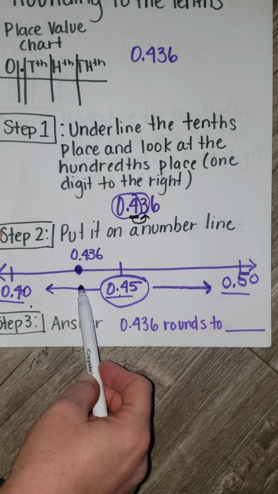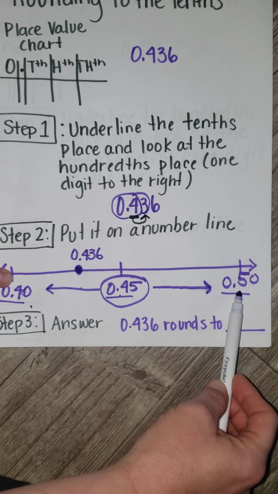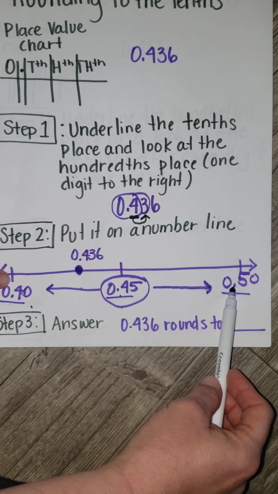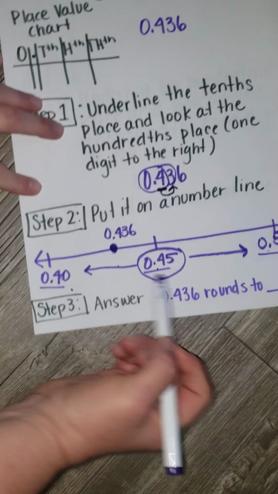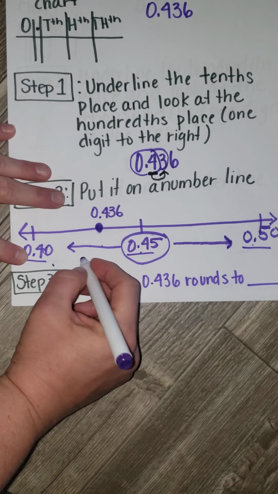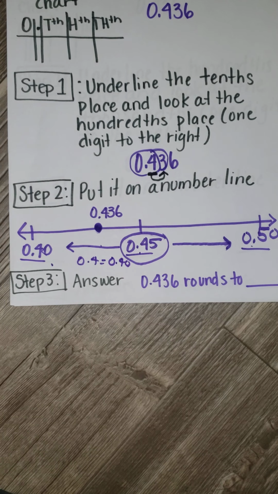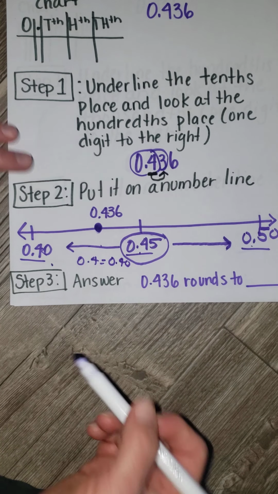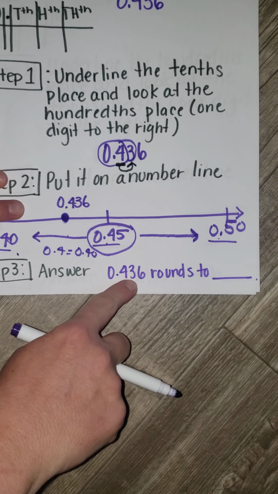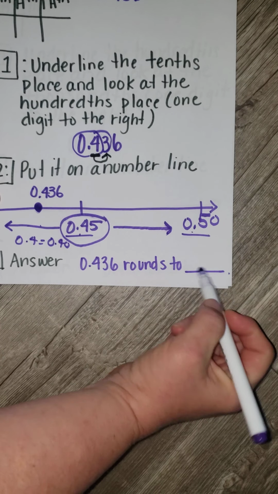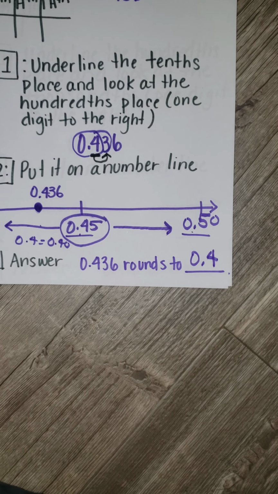So it is closest to 40 hundredths versus 50 hundredths or 5 tenths. Because it's asked us to round to the tenths, I'm going to drop that 0 off. Again, remember that 4 tenths is equal to 40 hundredths, so you can write the 0 there or not. It doesn't really matter. So step 3 is just to answer the question. 436 thousandths rounds to 4 tenths when I'm rounding to the nearest tenths.